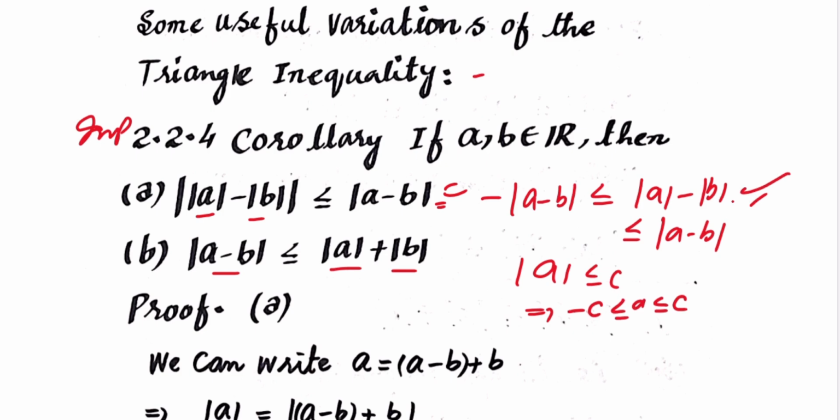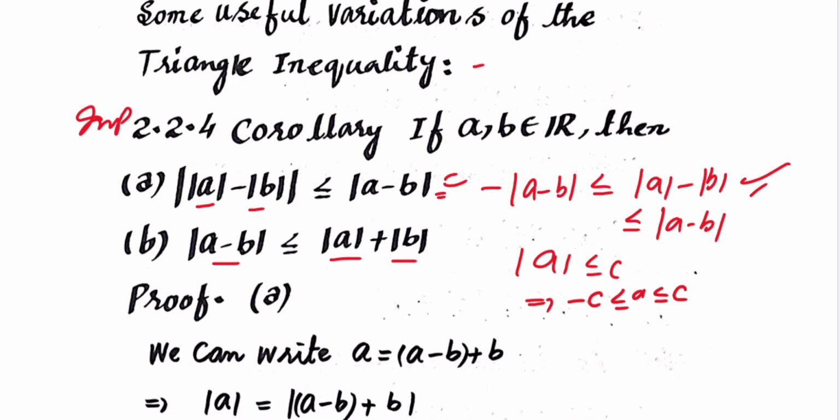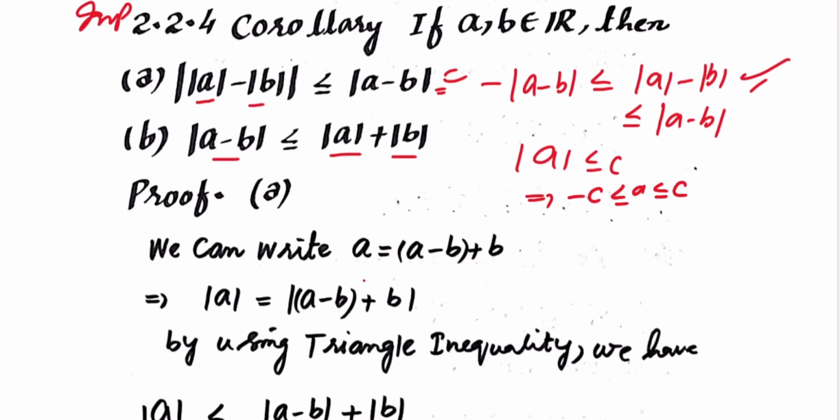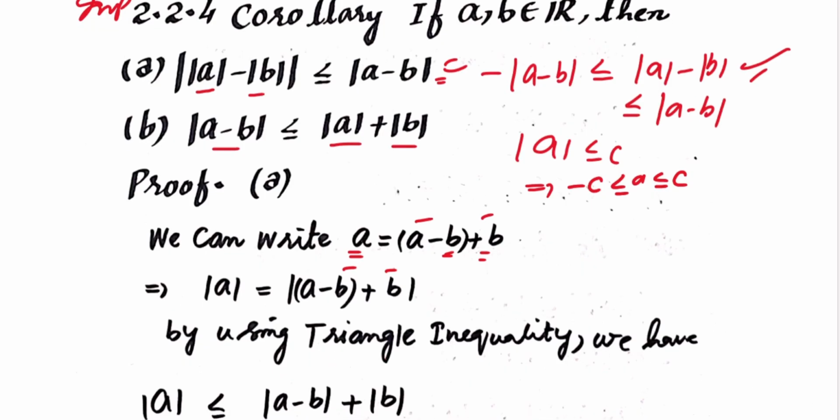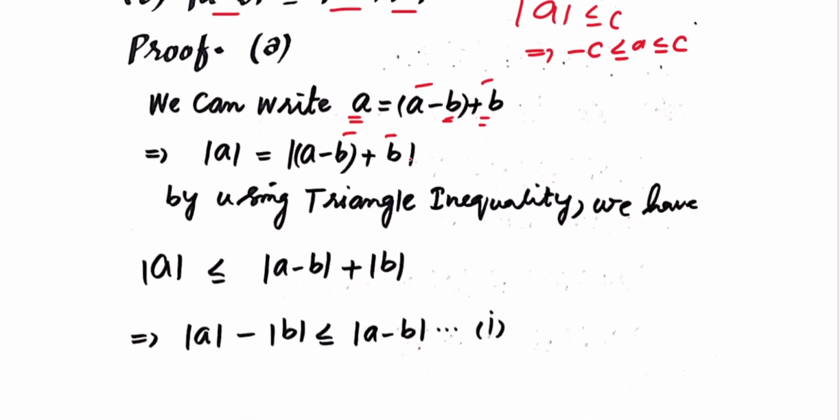To form this inequality, firstly, we can write a equals a minus b plus b by adding and subtracting b. Now taking absolute values, we have absolute a equals the absolute value of a minus b plus b. Next, by using the triangle inequality, we can break the absolute value of the sum of these two numbers into a sum of two absolute values.